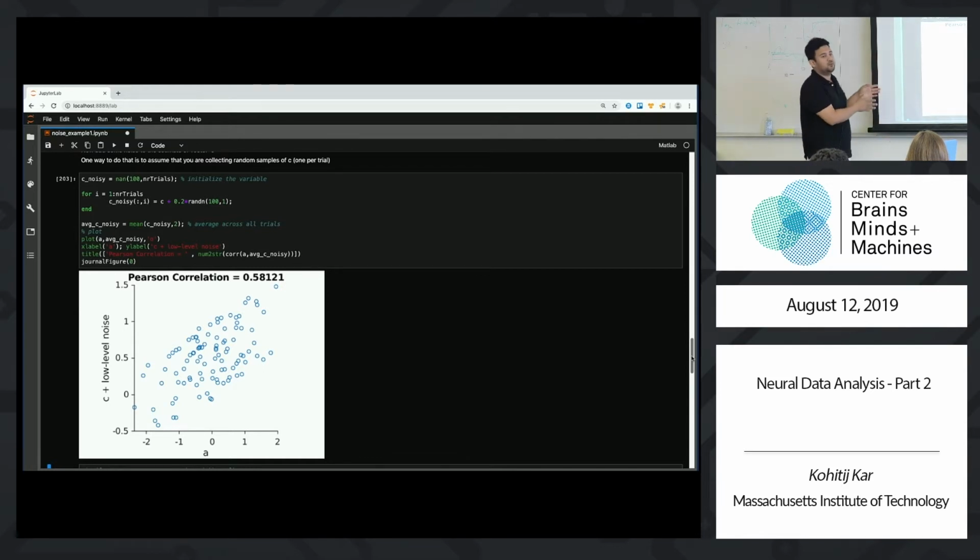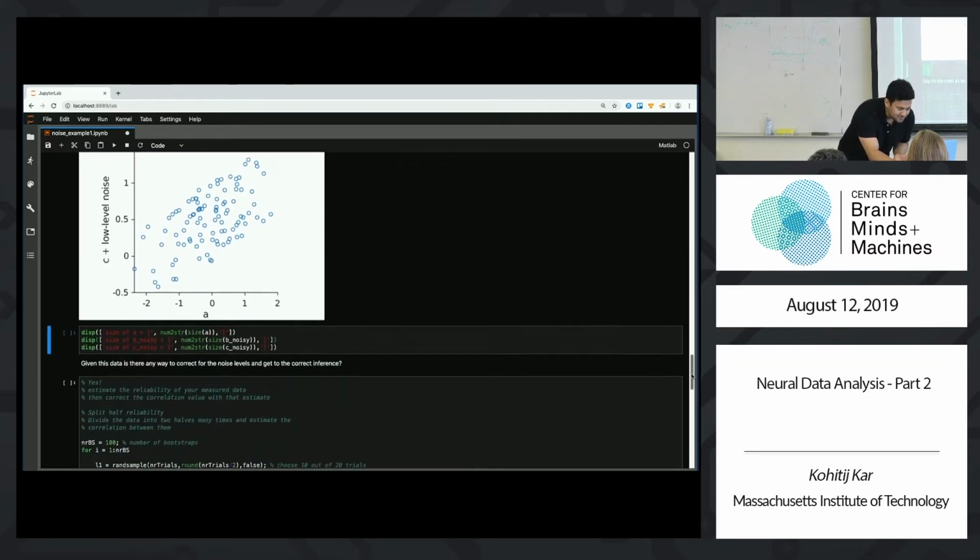And if you read papers, you will see that the field is full of this kind of problematic inference where the measurements are noisy and we don't estimate the noise or correct for the noise of the system. So one way of dealing with this is to actually estimate the noise in your measurement, to estimate the reliability of your signal. Okay?